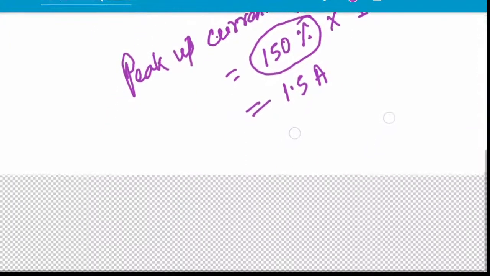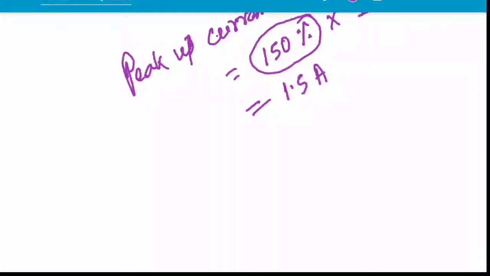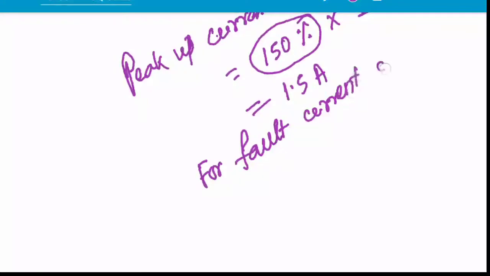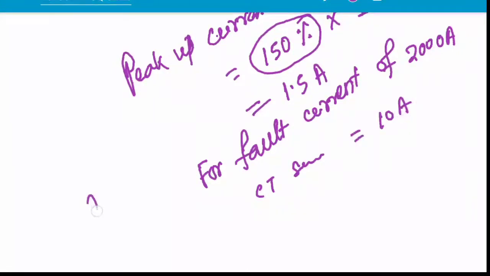And the current in the CT secondary for a fault current of 2000 ampere will be 10 ampere, because of the 200:1 ratio.